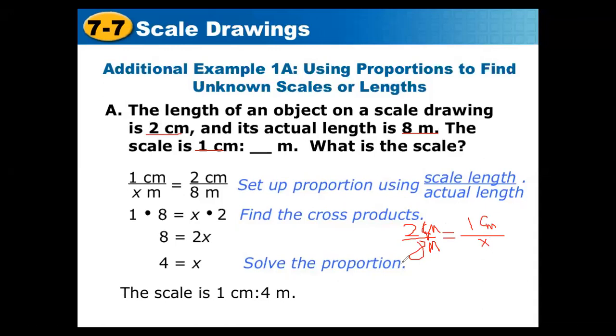We can use the cross product in this case. 8 multiplied by 1 equals 8, and x multiplied by 2 equals 2x. We learned before how to solve an equation, right? 8 equals 2x, so we will divide both sides by how many to find the answer, grade 7? We will divide by how many?